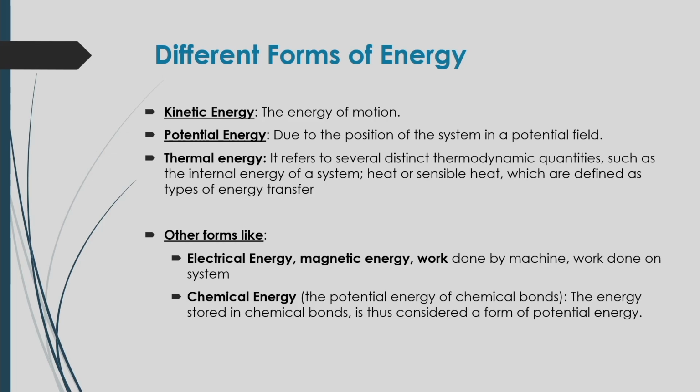Potential energy is basically due to the position of the system in a potential field. Whenever any object changes its position vertically or at an incline to another position, you will see there will be a change of potential energy.